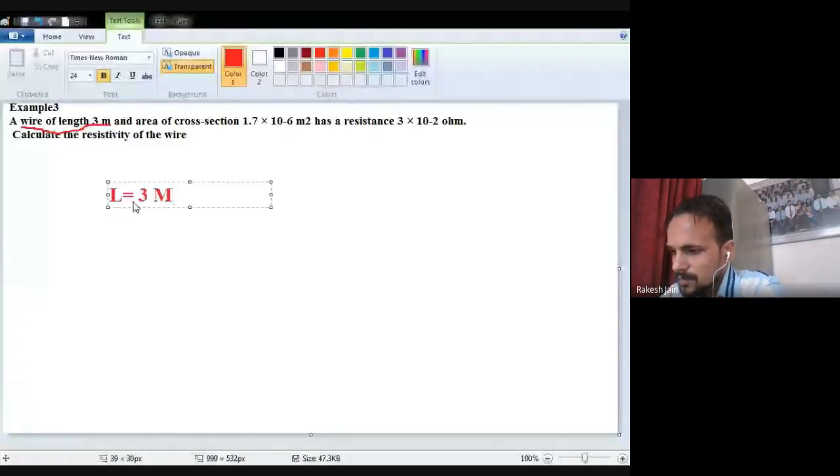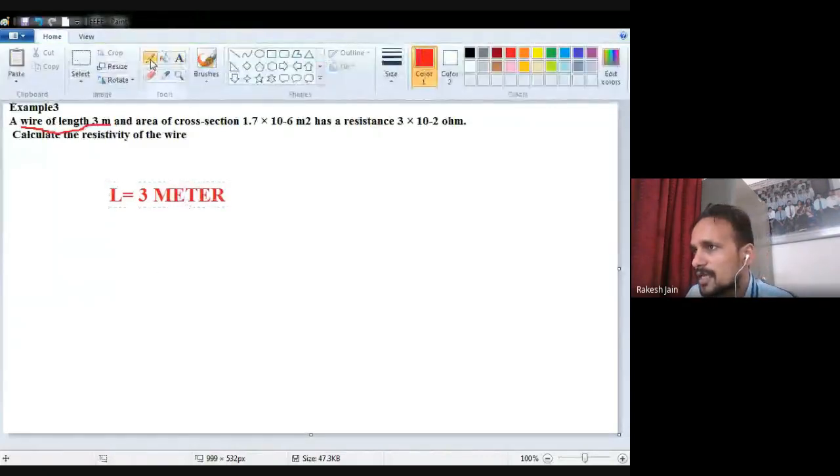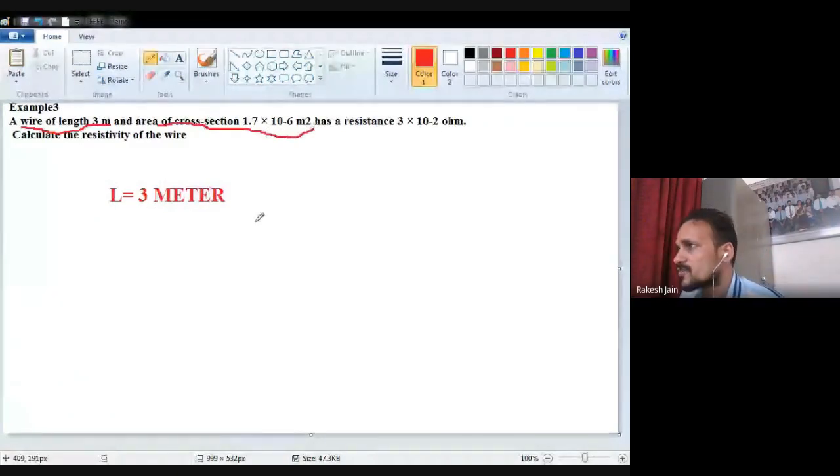And the area of cross section is given as 1.7 multiplied by 10 to power minus 6 meter square. We put this value, 1.7 multiplied by 10 to power minus 6.